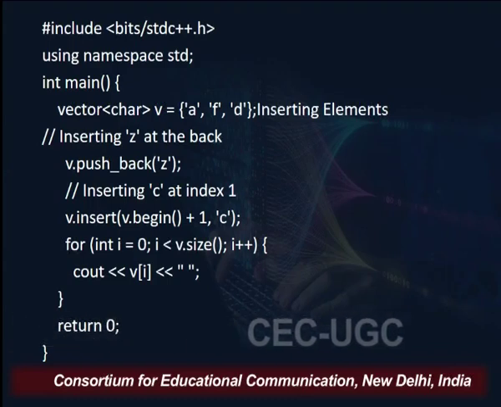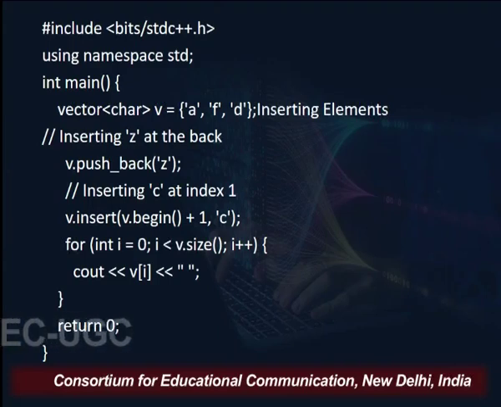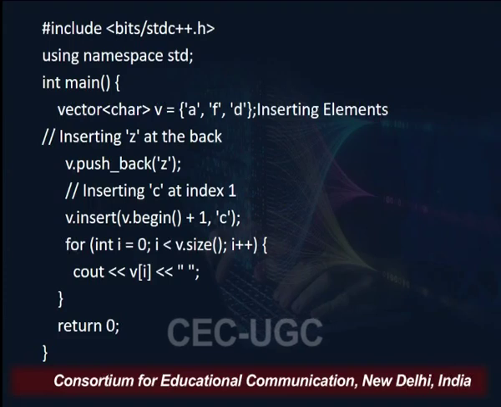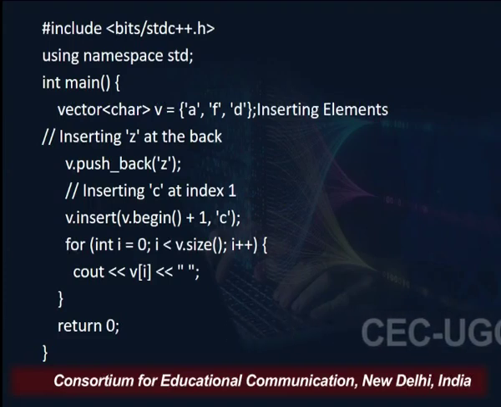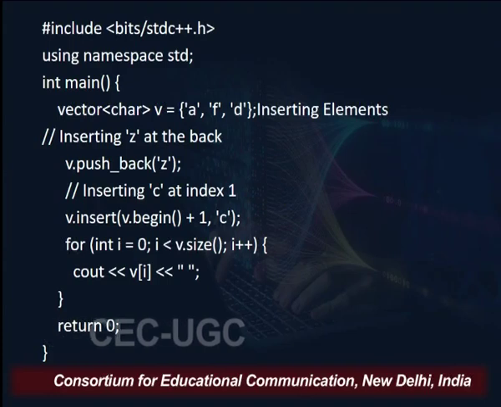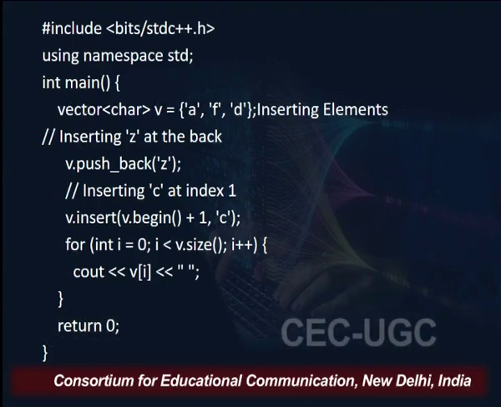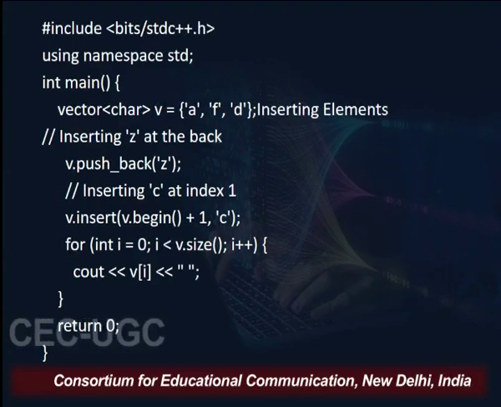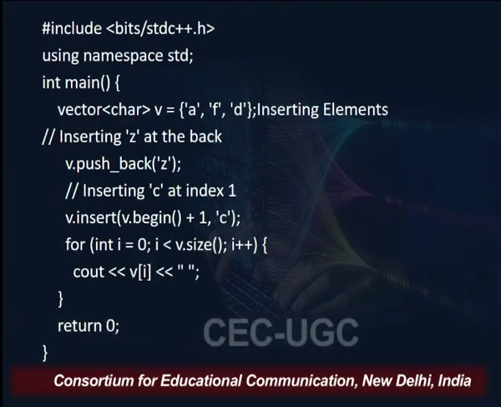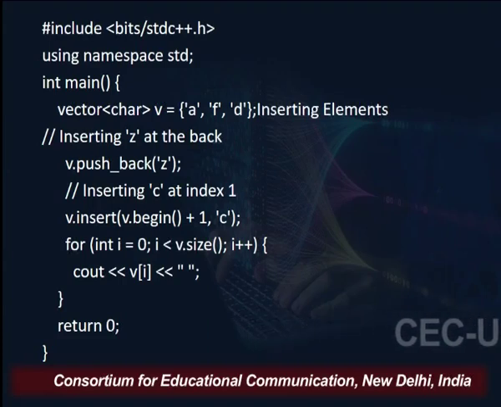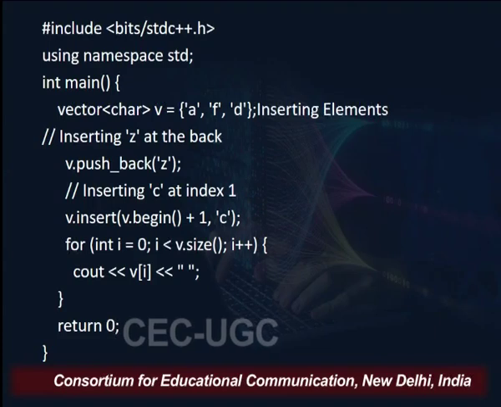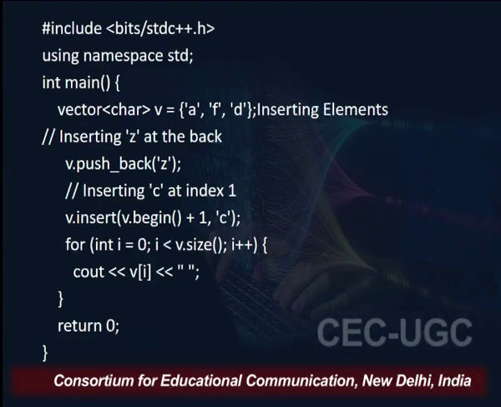So, at index 1, we are going to insert this element c. To look at the result of both operations, v.push_back('z') and v.insert(v.begin()+1, 'c'), you can access the elements using the for loop we have just seen: for int i = 0; i < v.size(); i++, and then a cout. In the output you can see that z has been pushed back at the end, and c is now lying at index number 1.